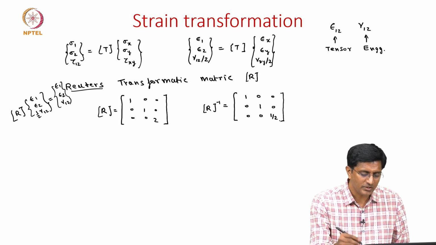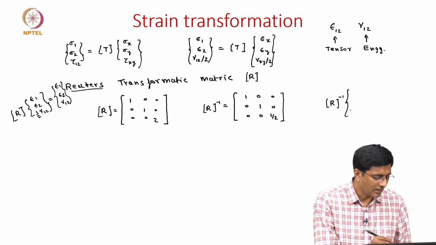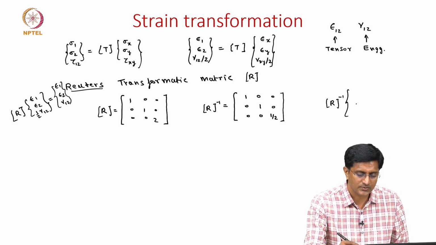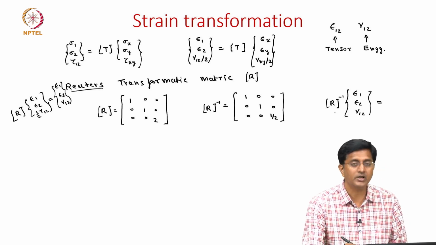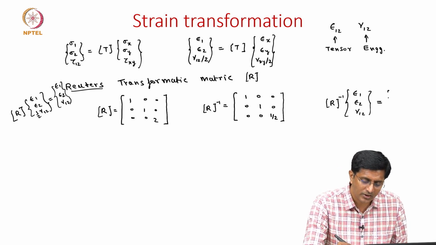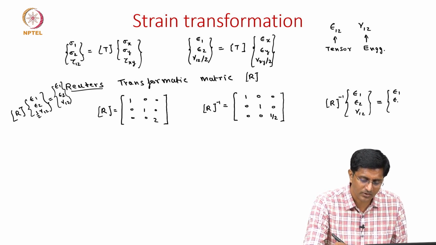With this R inverse, let us say I have these quantities written in terms of the engineering shear strain, meaning epsilon 1, epsilon 2, gamma 1 2. If I pre-multiply that with R inverse, then it should take it to the strains in the tensor form, epsilon 1, epsilon 2 and half of gamma 1 2.